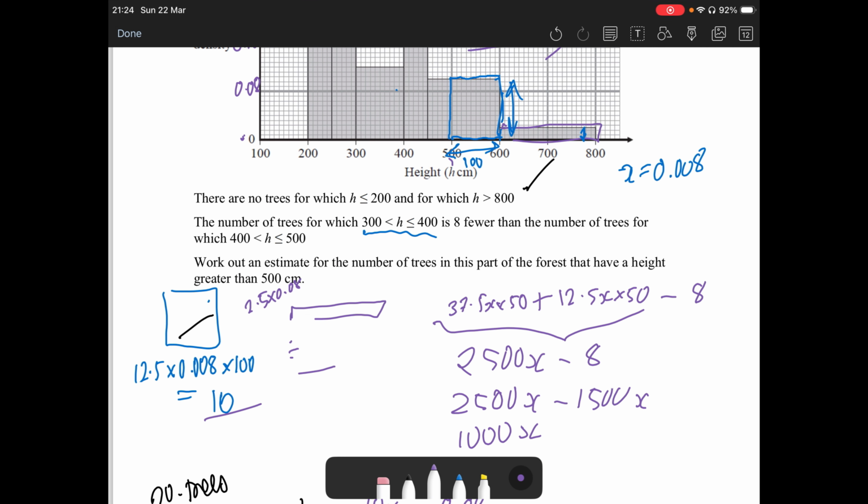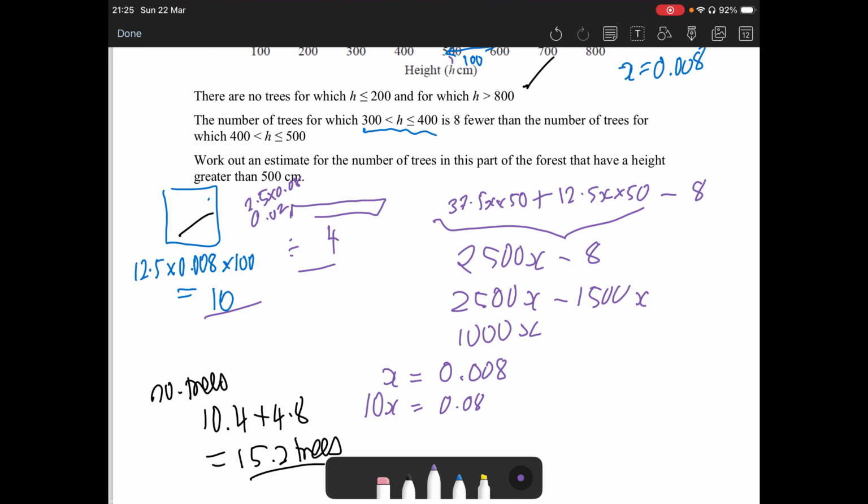So the height of the rectangle is 2.5 lots of 0.008, which we said was 0.02, sorry, times by 200, which gives you 4. So the area here is 4.